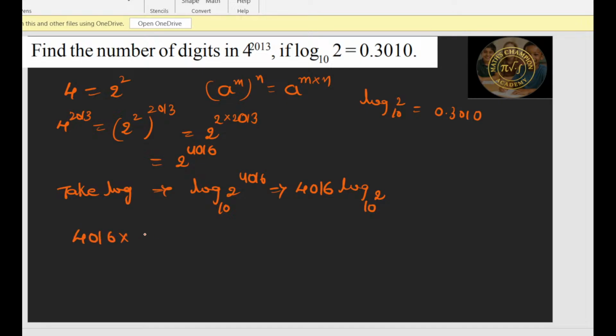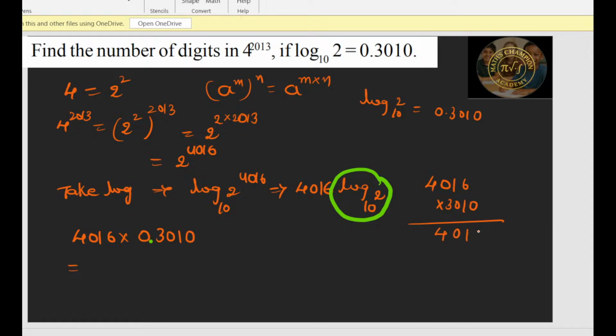4016 into 0.3010. What is the value of log 2 to the base 10? The value is 0.3010. So just multiply, how much are you getting? Tell me the answer. 4016 into 3010. If you multiply by 0, you will get 0 only.